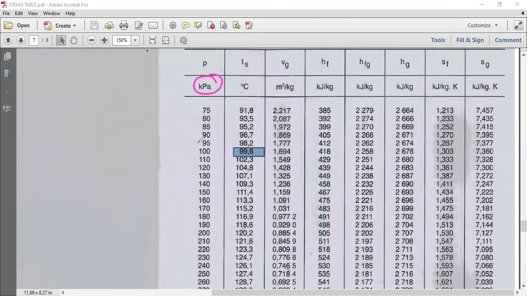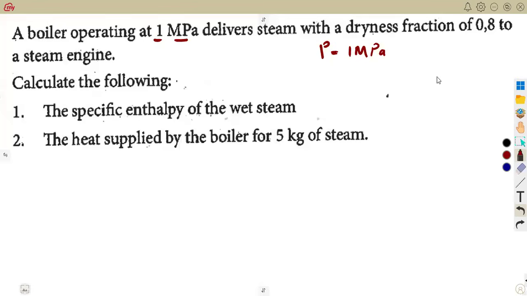You cannot see it if you are having megapascals. It must be in kilopascal. So that is going to force us to convert the given pressure to kilopascals, as we can see from our steam tables.